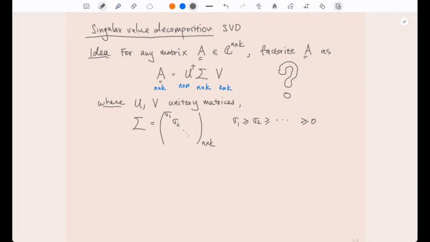And because this is not necessarily square, these are just occupied diagonal entries. So this is what I think it should look like. Let's put a big orange question mark here. So maybe this is how we do it.